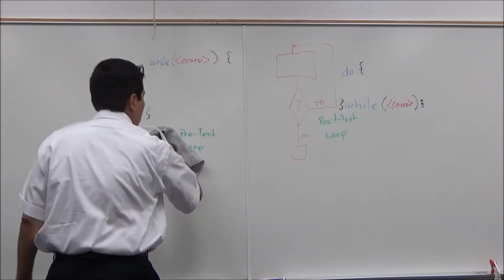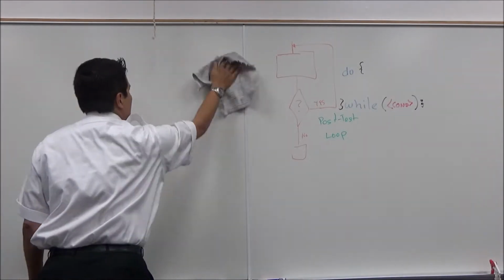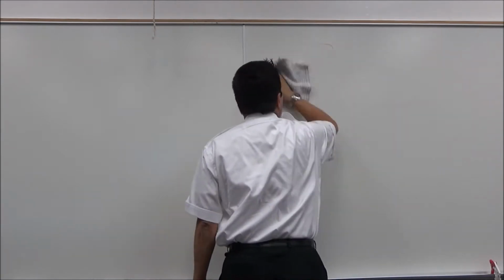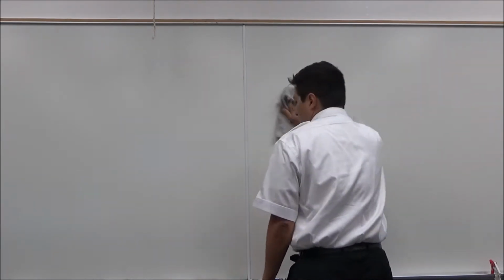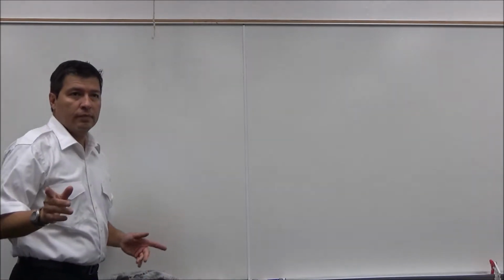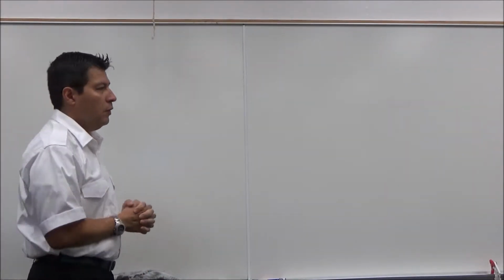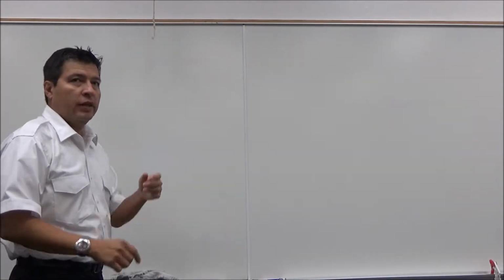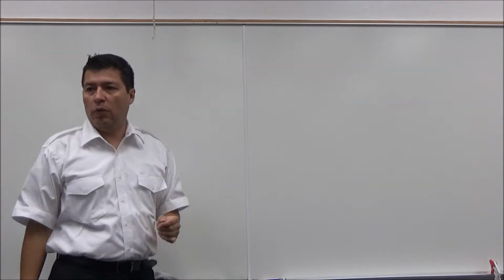All right. You have any questions? We're good? Let's do a timer. How will we do a timer? We're going to do a timer with a while loop and a timer with a for loop for now.